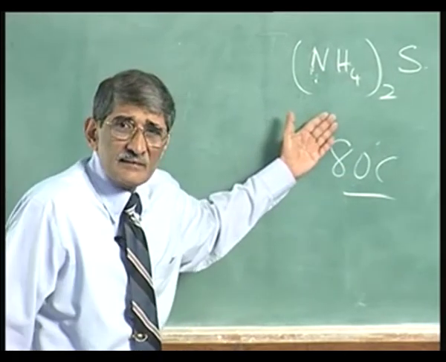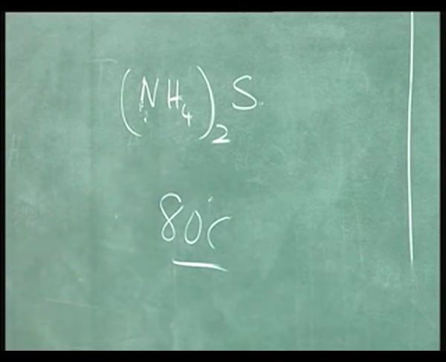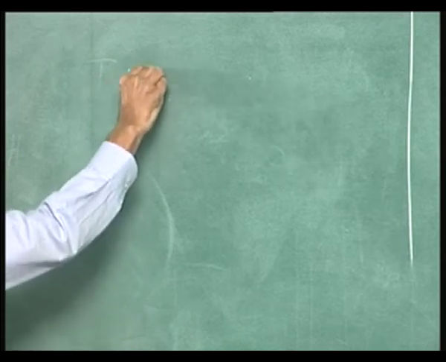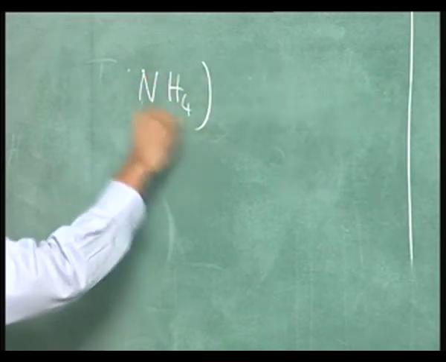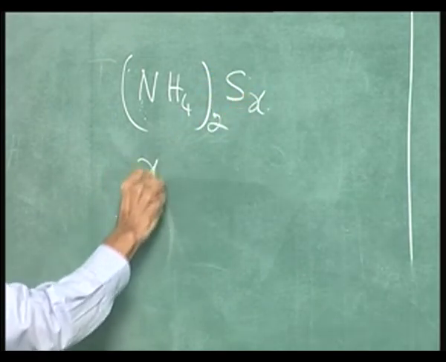In fact, you can buy this type of solution. Ammonium sulphide is available in the market. So, the next level is ammonium sulphide (NH4)2Sx, where x is greater than 1.